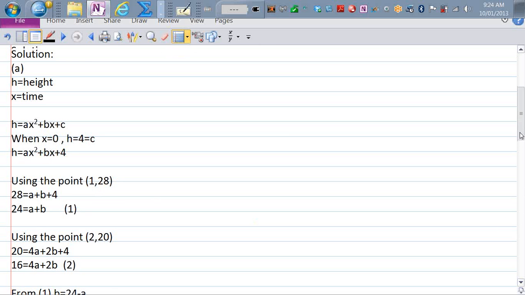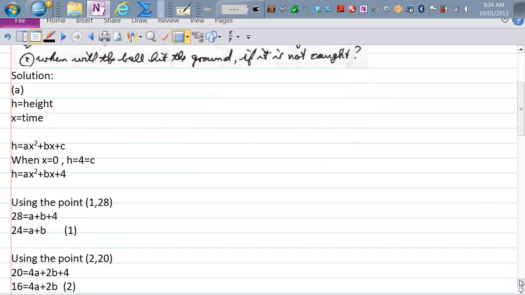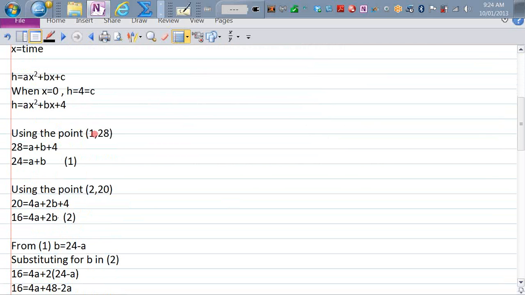Now we know that 1 second later its height is 28 feet, and 2 seconds it is 20 feet. So we're going to use that information. So let's use (1, 28), that's an ordered pair, and we're going to substitute it into this equation.